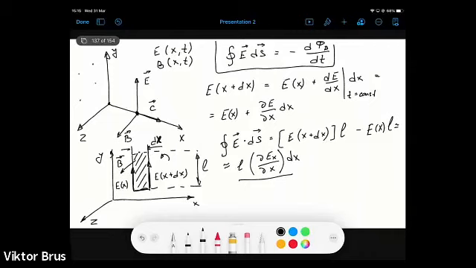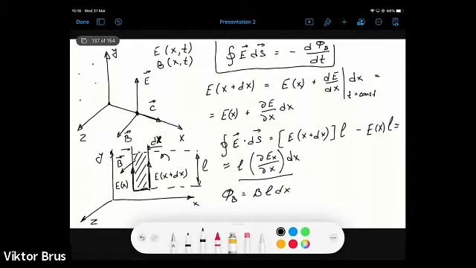Now we need to find the right side. Assuming that dx is very small, as we mentioned above, and the magnitude of the magnetic field vector B is constant within this interval dx, we can write that the magnetic field flux is equal to the product of B, L, and dx. So it's just the product of the magnetic field vector and the area of this rectangle.